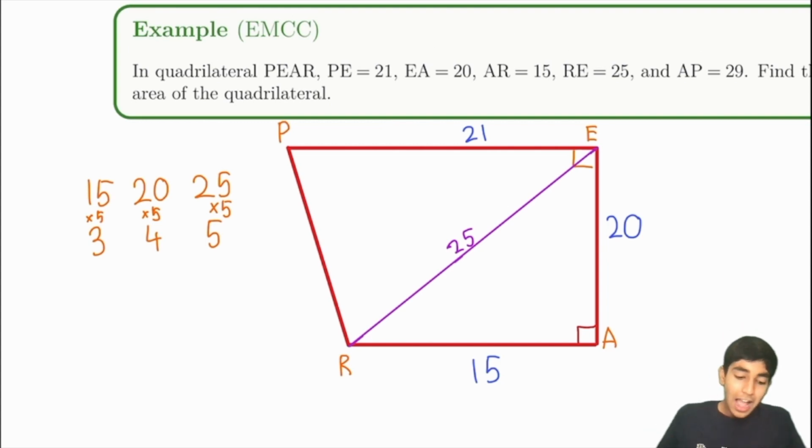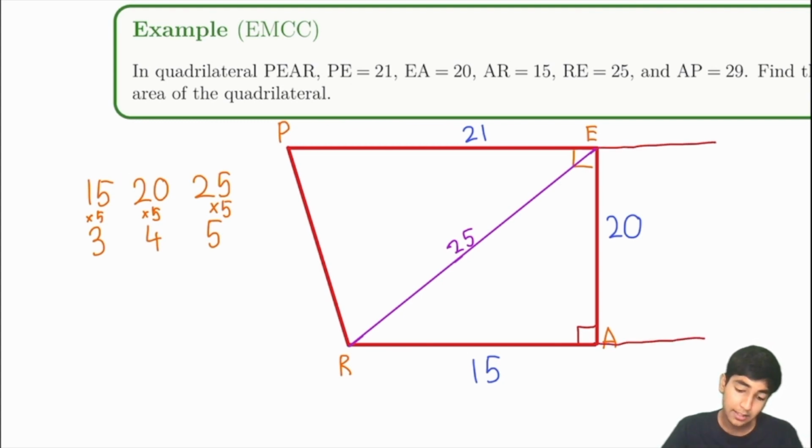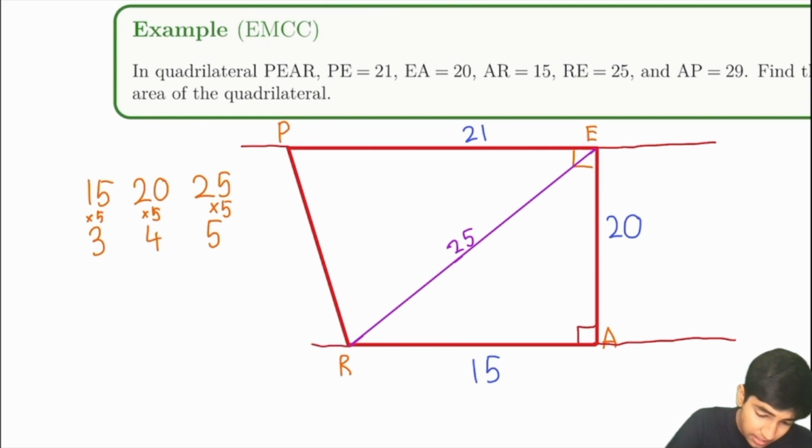So now, how do we find the area of the quadrilateral? The key thing to notice is these two angles are 90 degrees. And what we can actually do is extend both of these sides out a little bit, just so you can see. And let's fluff up this transversal here.